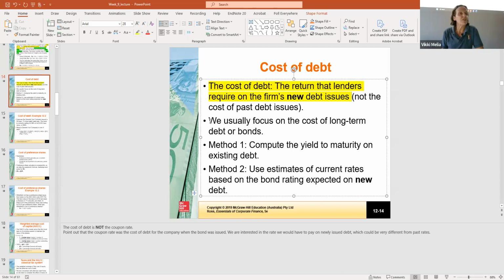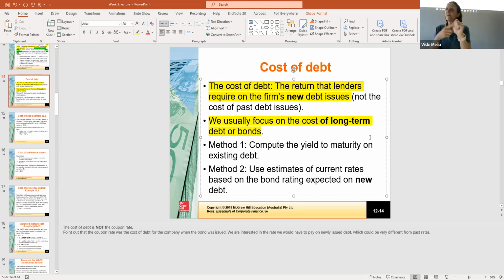And the other thing with measuring the cost of debt, we normally focus on the long-term debts. So companies will have lots of short-term debts like payables and overdrafts. Normally, when we're trying to measure their cost of capital, we're normally looking at their long-term funding.